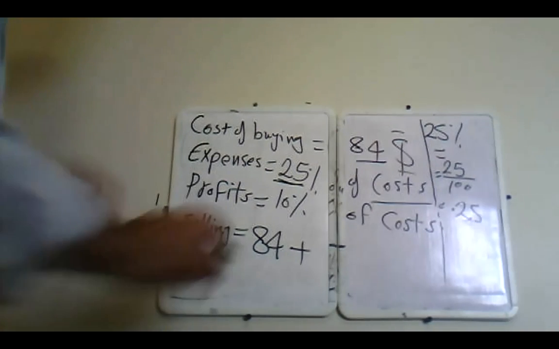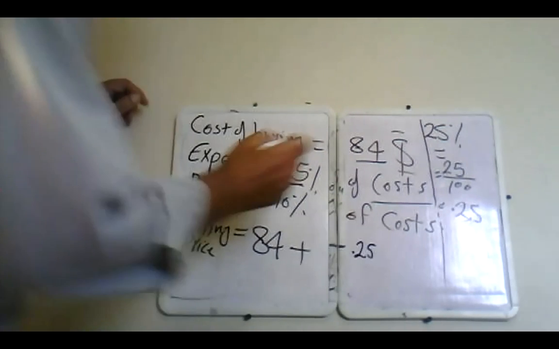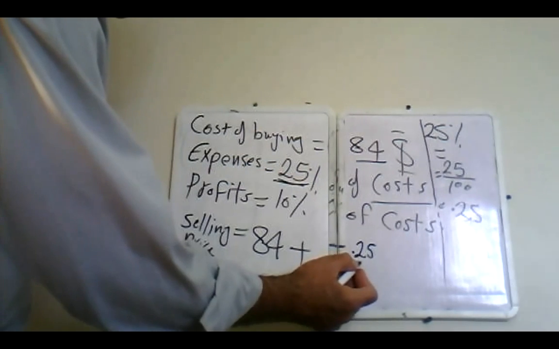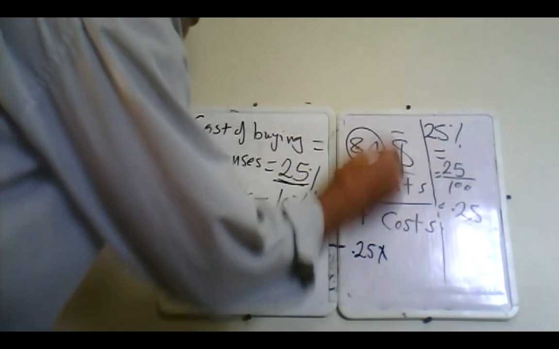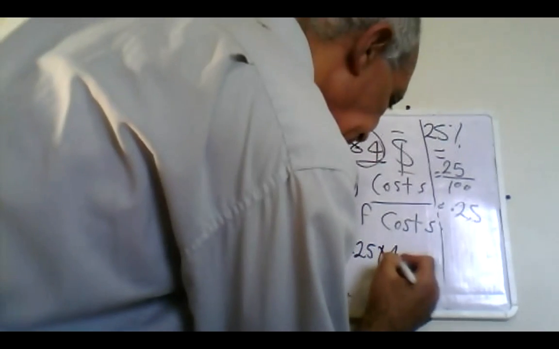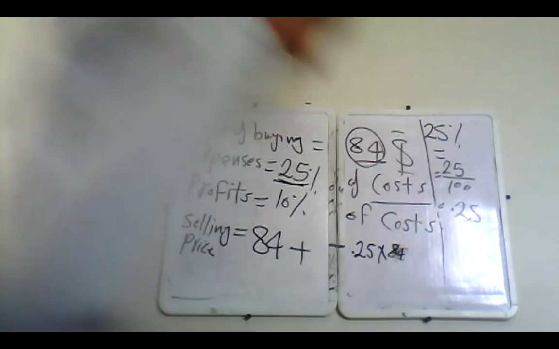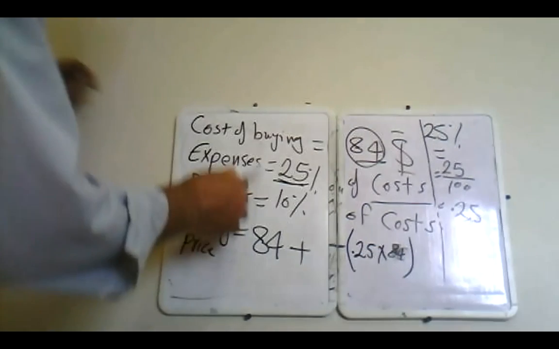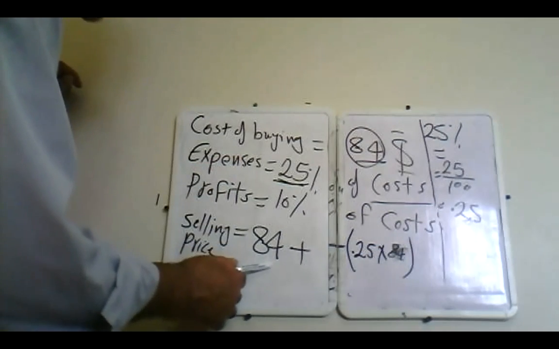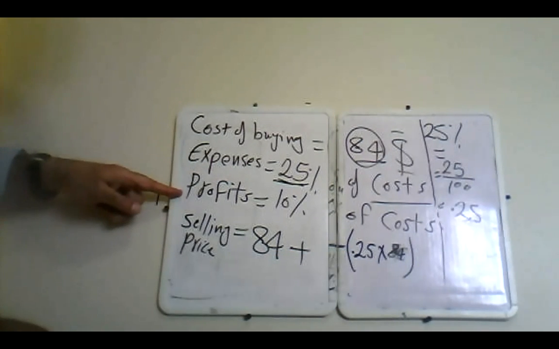So now I will say 0.25, 25%, 0.25 of costs. The cost is still $84. This is amount, another amount. So I have now the costs, 84, and 25% of the 84, which is the expenses, and I have a profit.